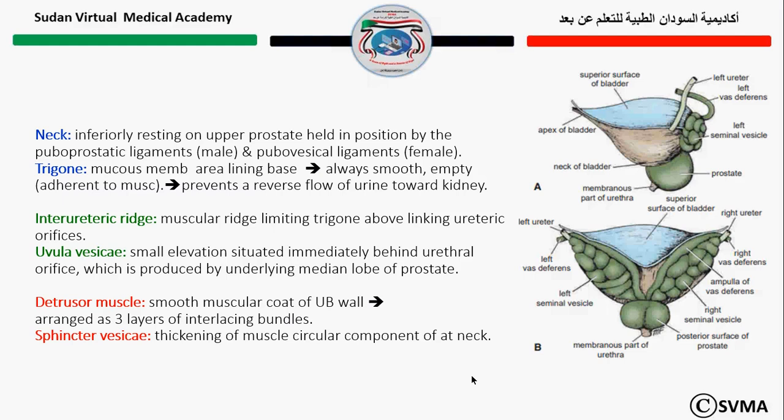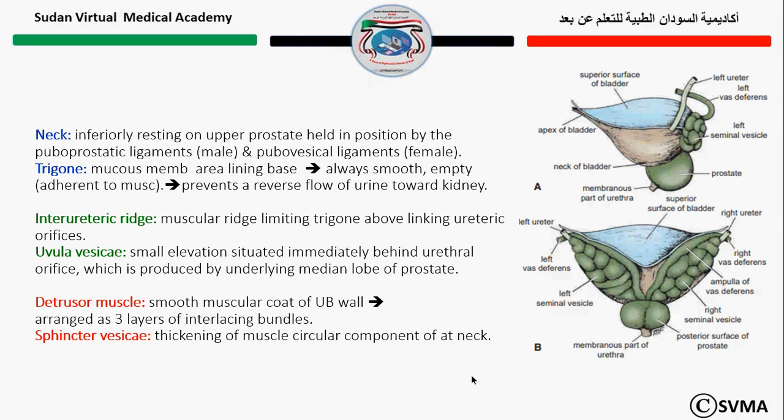The sphincter vesicae is a thickening of the muscular circular component at the neck. Yes, excellent. What is the sphincter vesicae? It's the thickening of the circular muscle component at the neck.